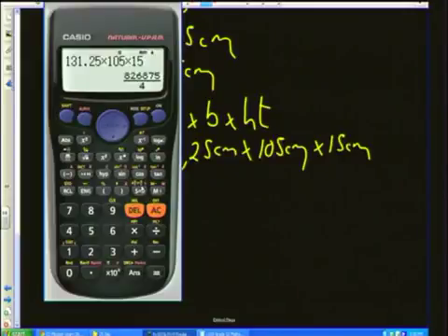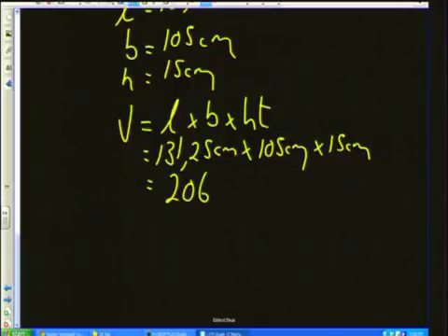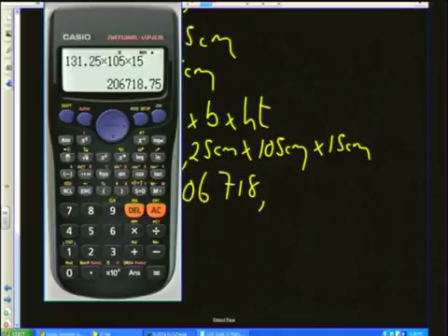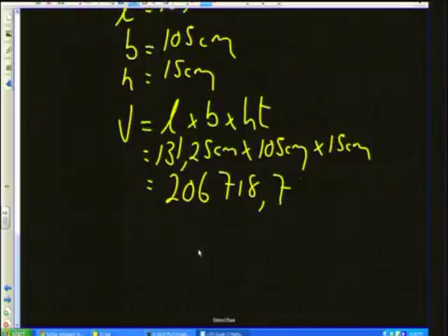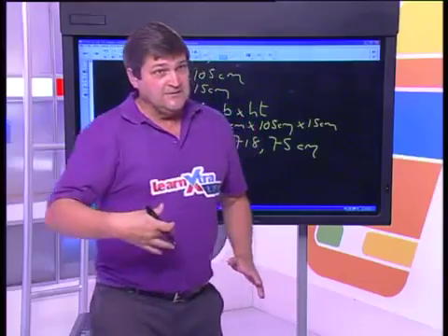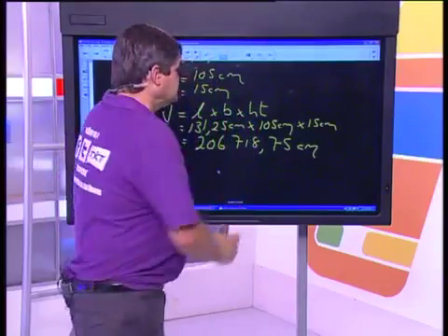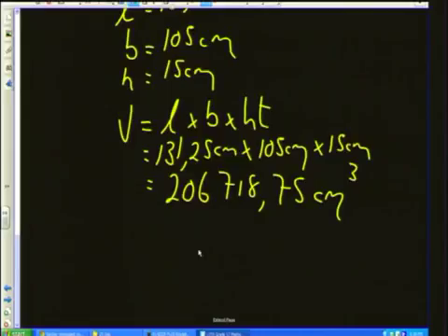We push S to D, and we're going to get our answer, and there is our answer. 206,718.75. 75 what? Centimeters? No. Centimeters squared? No. Centimeters cubed. Why cubed? Because we're dealing with volume. If we ask for area, it would be centimeters squared.